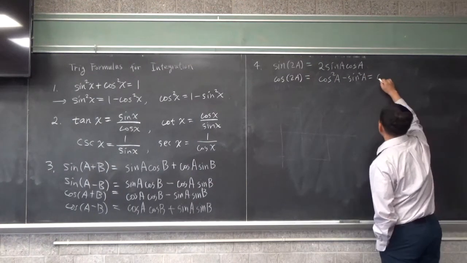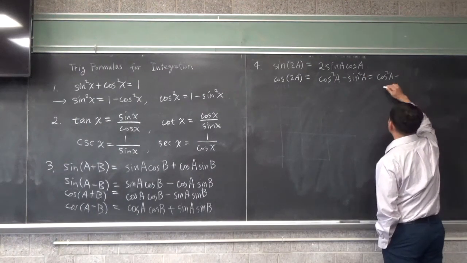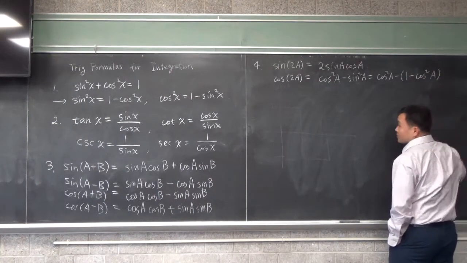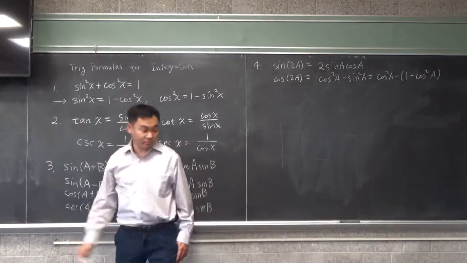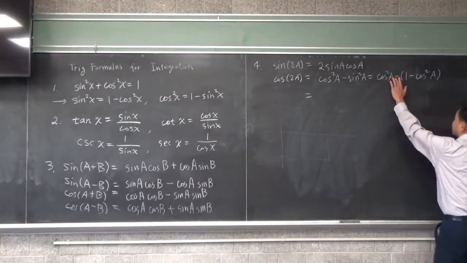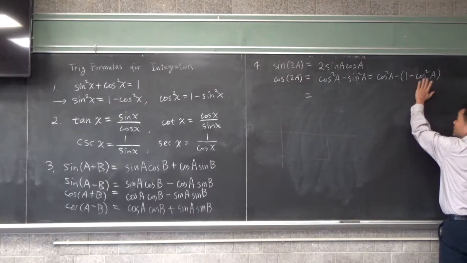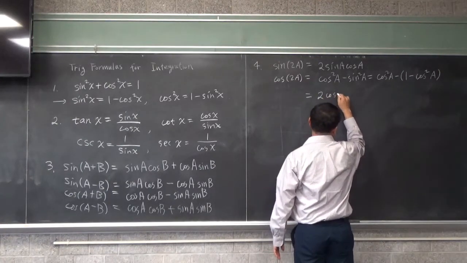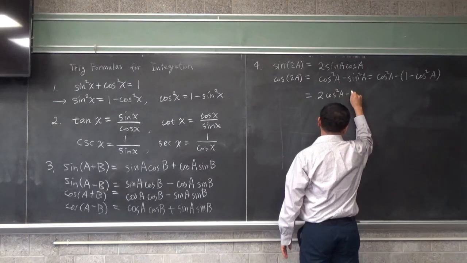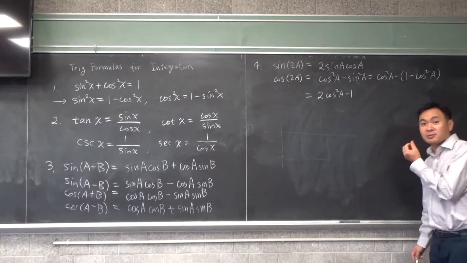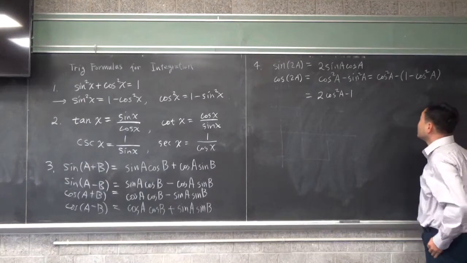If I replace sine squared by 1 minus cosine squared of A using this identity, then negative of negative is positive, and this is the same as that one, so that doubles. Following? That's not so hard.